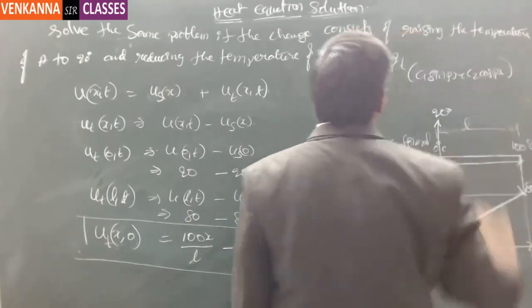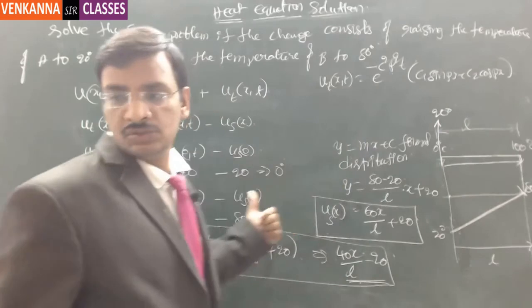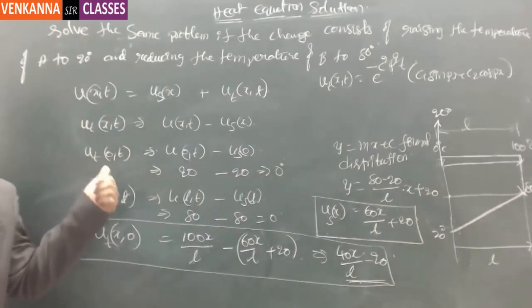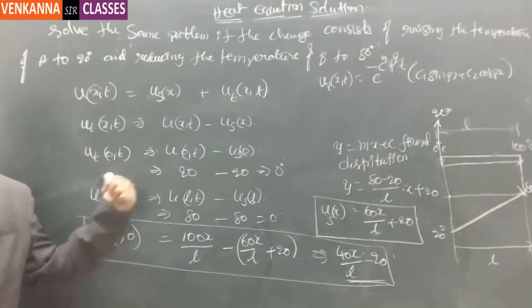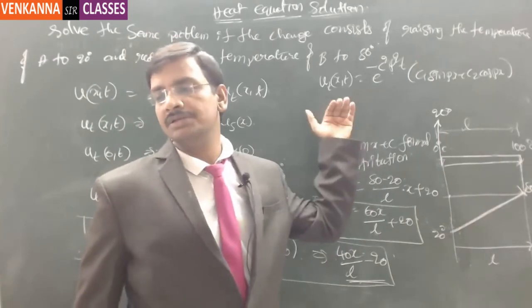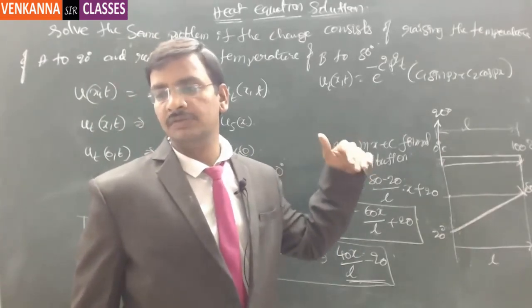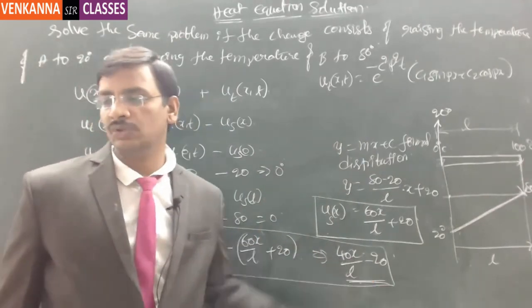At t equal to 0, you substitute the initial conditions, that is 0 comma t, L comma t and x comma 0. These three conditions, if you put them in this format, you are going to get the solution with the help of the Fourier series equation, where the function is taken as 40x by L minus 20.